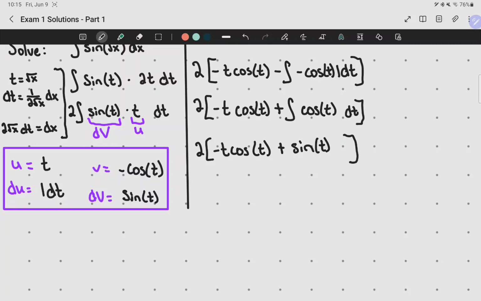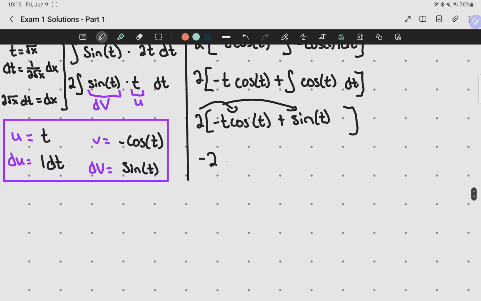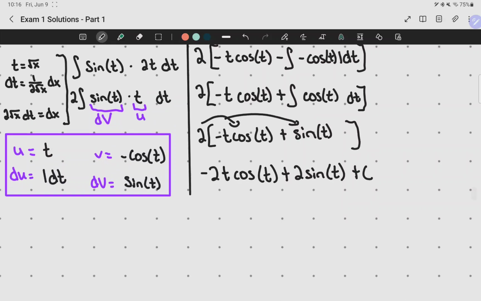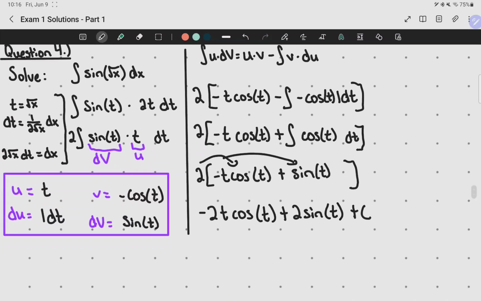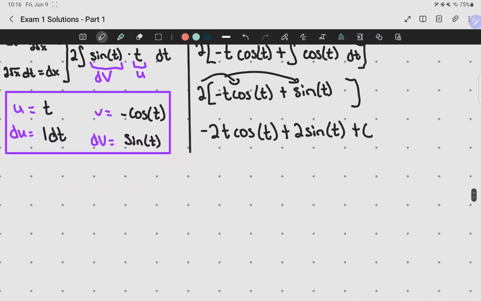Okay, so now from here, after we're done integrating, we're going to put in our 2: negative 2t cosine t plus 2 sine t plus our constant of integration. However, if we remember, our t is actually equal to the square root of x.